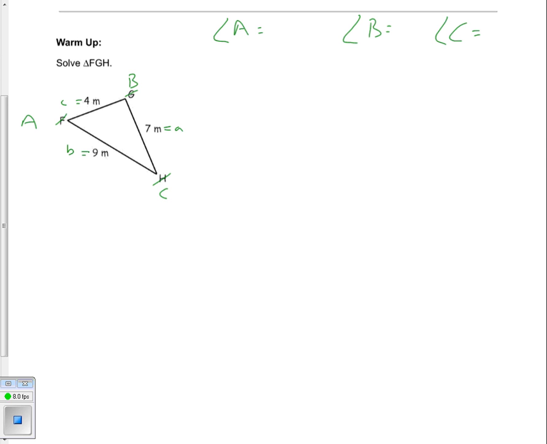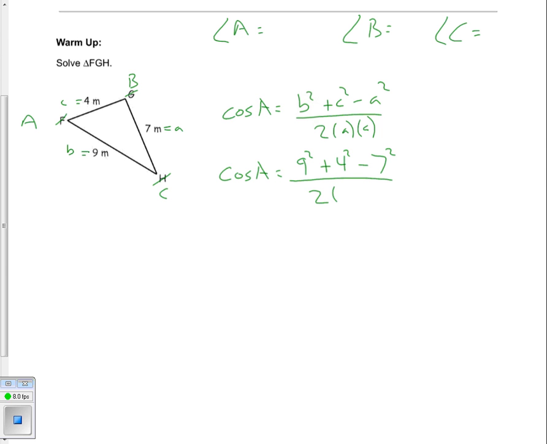So if we're going to solve angle A, let's go cos A is equal to b squared plus c squared minus a squared, all divided by 2 times b times c. Okay, so now we're going to substitute in the values that we've got. cos A is equal to 9 squared plus 4 squared minus 7 squared, all divided by 2 times 9 times 4.